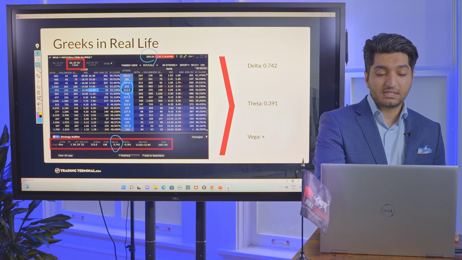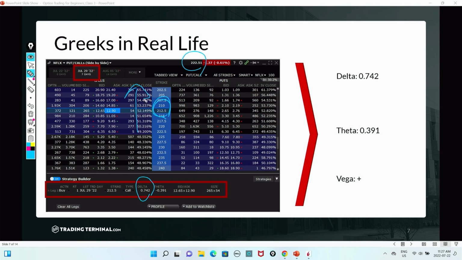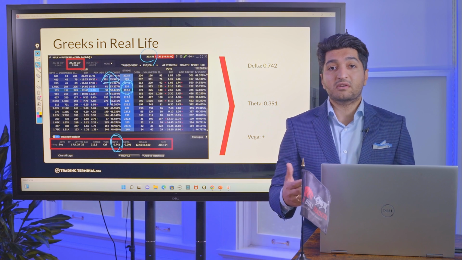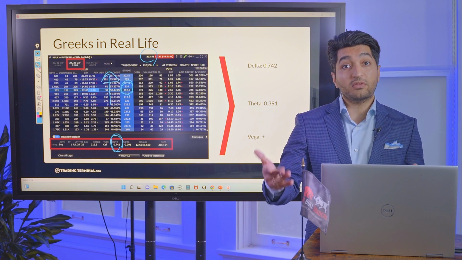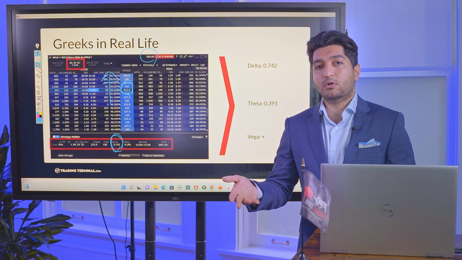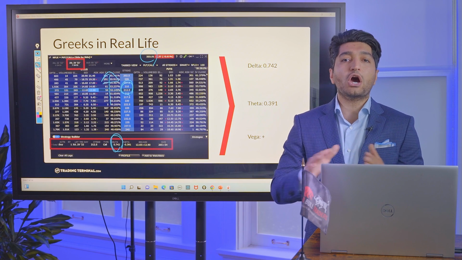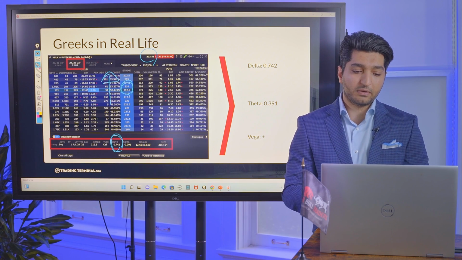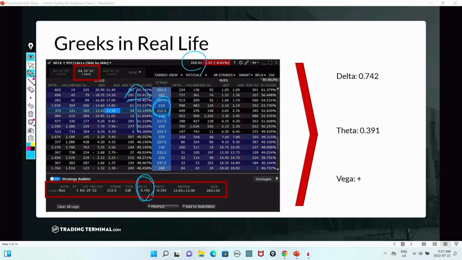As you can notice, the deeper you go in the money, the higher your delta is going to be. And a delta of 1 means for every dollar change in the underlying, in this case Netflix, the option becomes $1 more valuable, or that option has a 100% chance of finishing in the money. The theta of this option over here is only 39 cents. Why is that? Because this option still has 7 days to expiry.